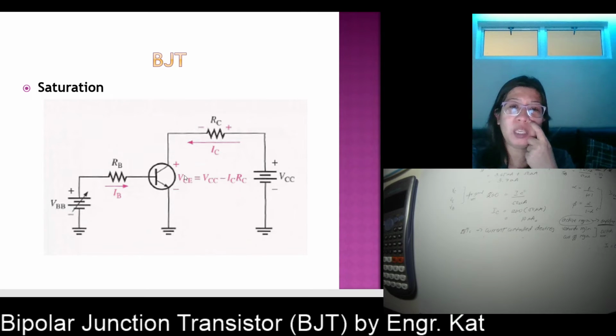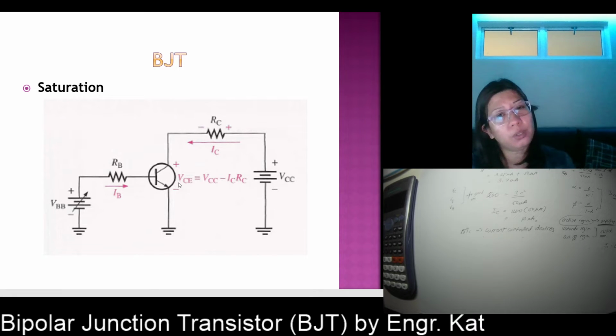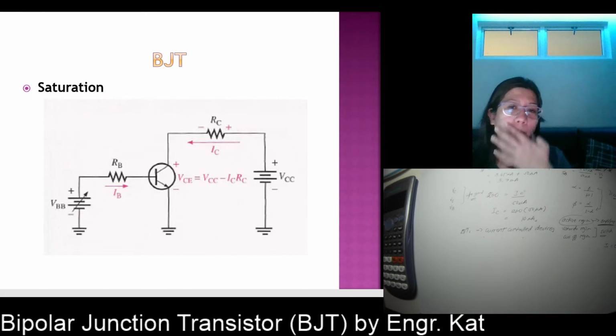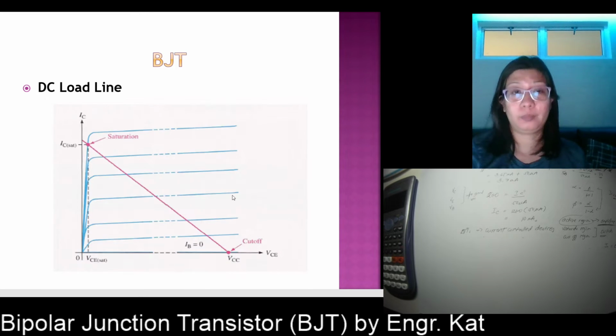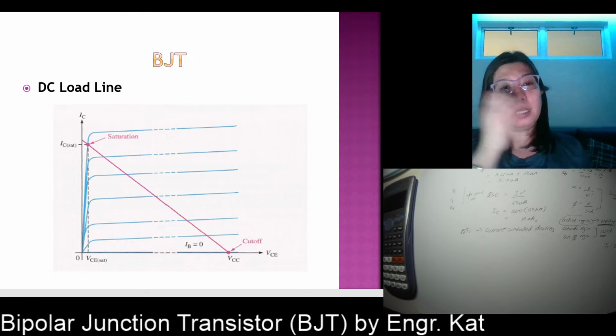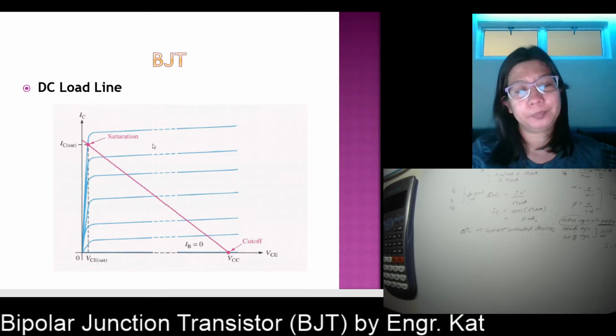When your VCE is equal to 0, your IC is maximum, so that means you are in saturation mode. So VCE equal to 0, saturation. VCE equal to VCC, cutoff. Any value between 0 and VCC, your transistor is operating at the active region. So this is your DC load line.